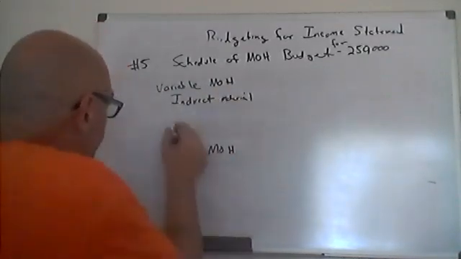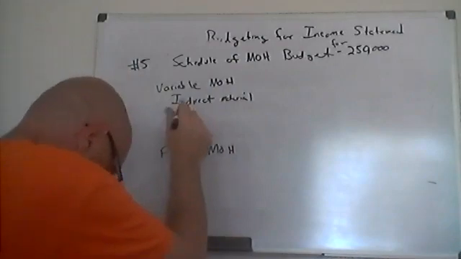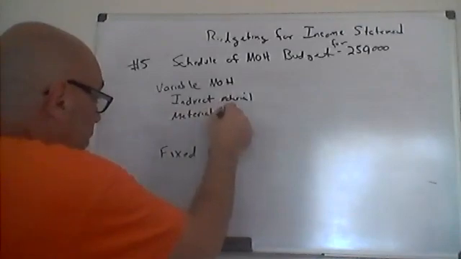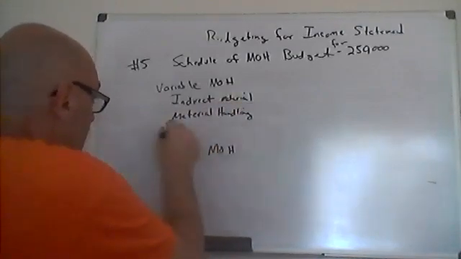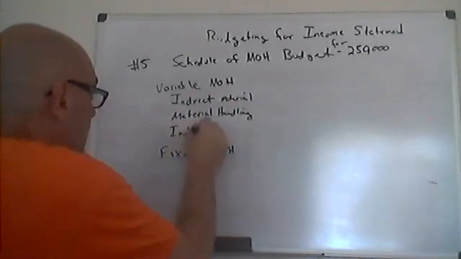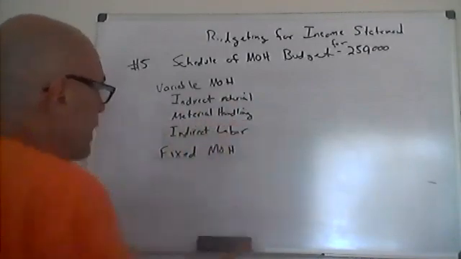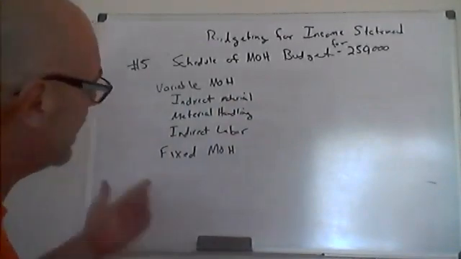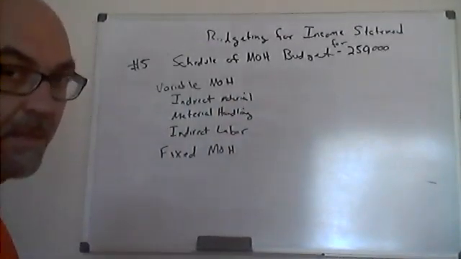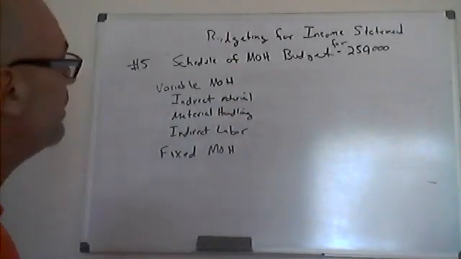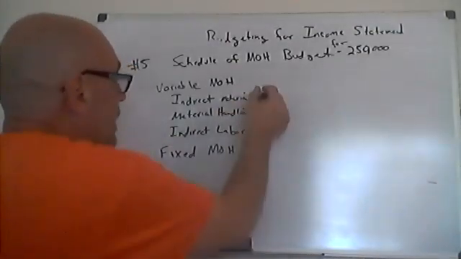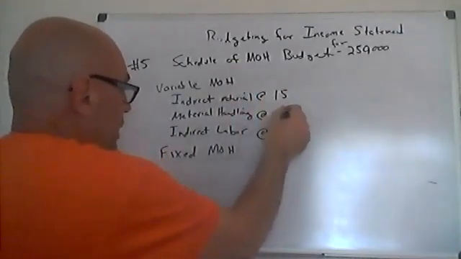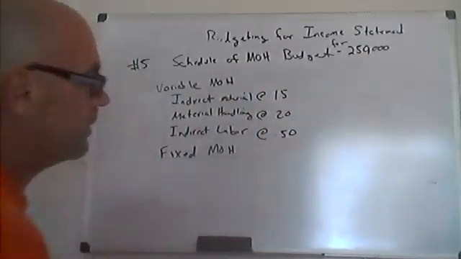Indirect material, material handling, and indirect labor. Okay, so those are the three broad categories you're going to be looking for. It was also given to us that this was 15 cents a unit, this was 20 cents, and this was 50 cents.